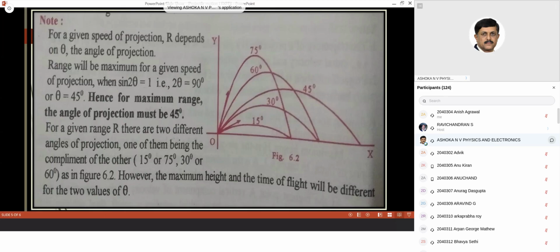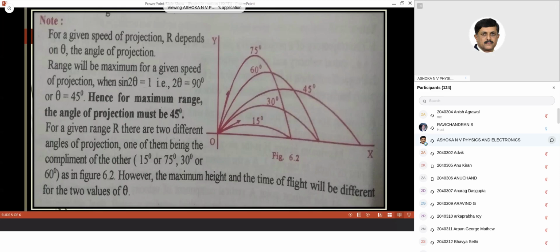Sine of 180 minus 150, again it will be sine theta, since sine of 180 minus theta is sine theta. Therefore, 2 into 75 is 150, and 180 minus 150 again comes to sine 30 only. So that's why the value comes the same for both.